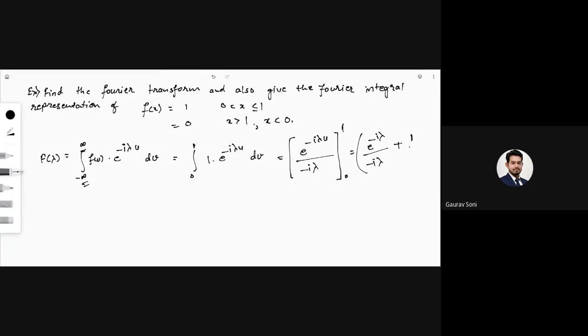Minus minus will become plus. So what do we have? F of lambda is equal to 1 minus e to the power minus i lambda divided by i lambda.